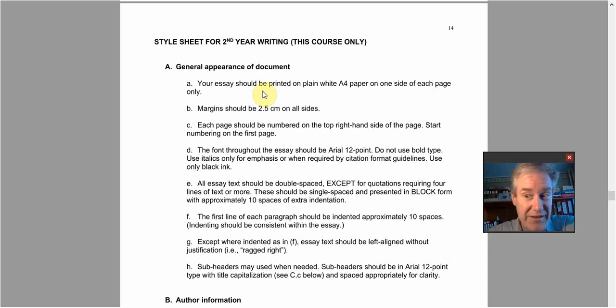I have to tell you that yes, when I first started teaching, before I gave my students detailed instructions, students would be very creative, and some of them would submit their essays on colored paper, things that I never imagined they would do. So we have very specific instructions here. Plain white A4 paper on one side of each page only, so letters on one side and the other side will be blank.